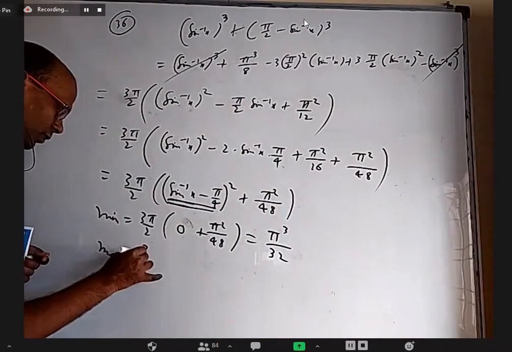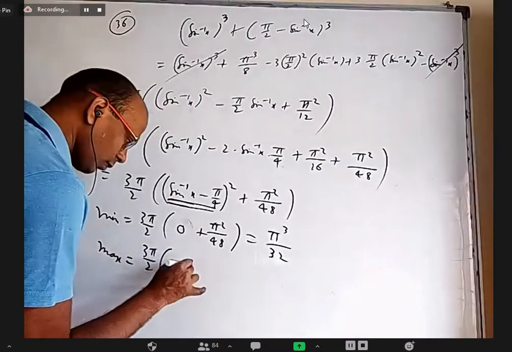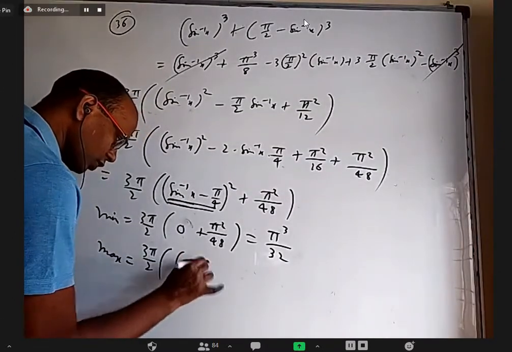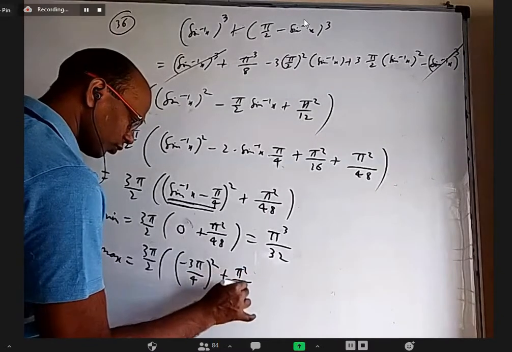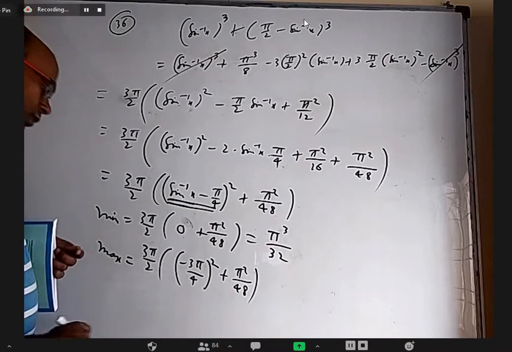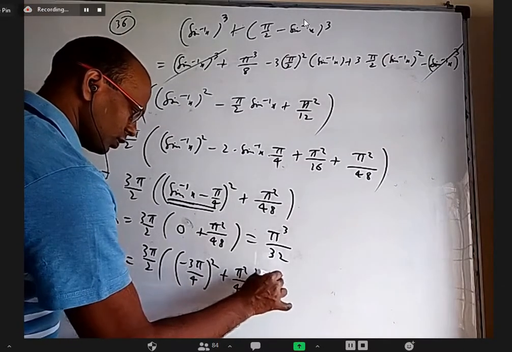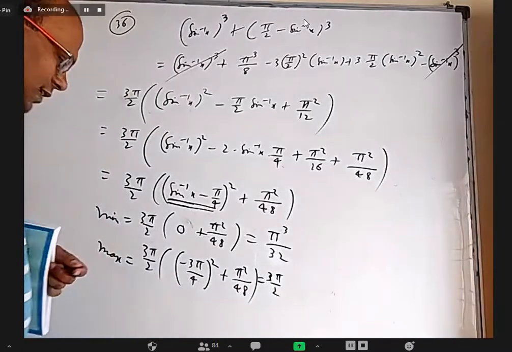So maximum will be 3 pi by 2 into the square. This is minus 3 pi by 4 whole square as the maximum plus pi square by 48. Which is 3 pi by 2 into 9 pi square by 16.